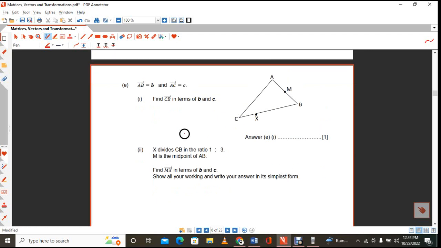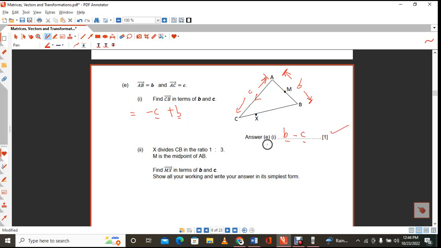We are supposed to find CB, so C to B. But we know that AB, this one all the way, that is going to be B. Okay, and AC, so A to C, there's one here, that is C. So once we find CB, CB will be minus C because we're going against that, plus B. I'm just going to write it as B minus C. See that?